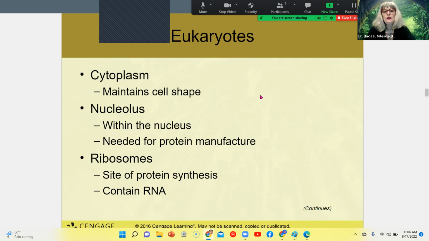Okay, so the nucleolus inside the motherboard, the nucleus, is a protein manufacturing company. That's all. We're making ribosomes in the nucleolus. All right. The ribosomes are helpers.